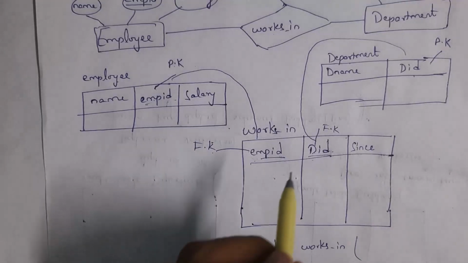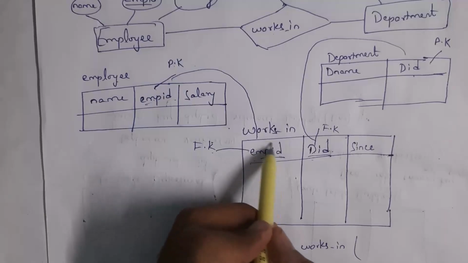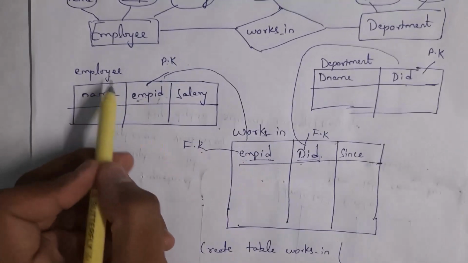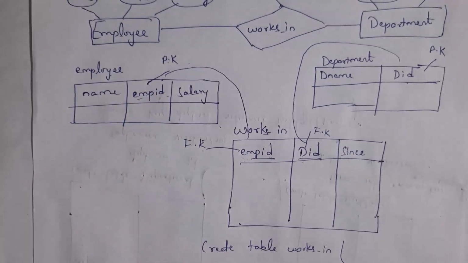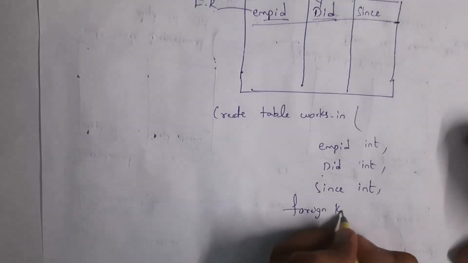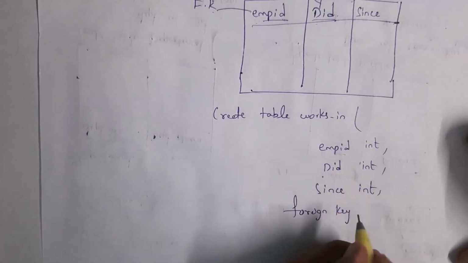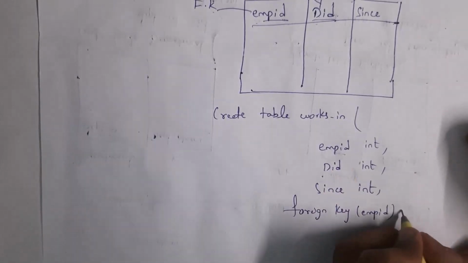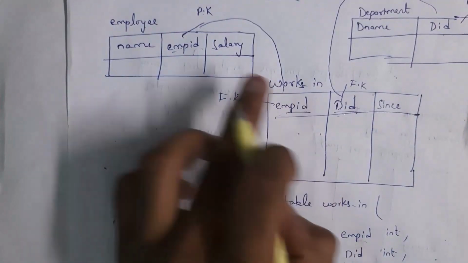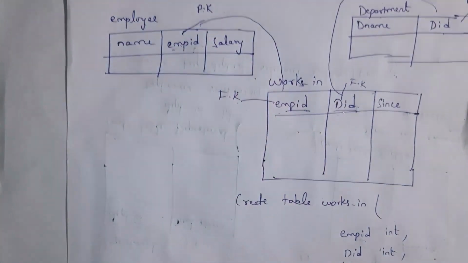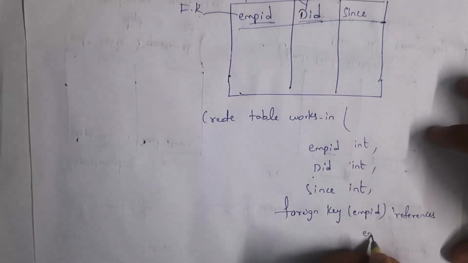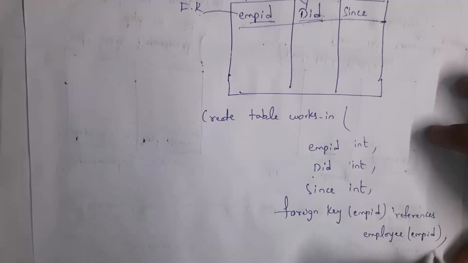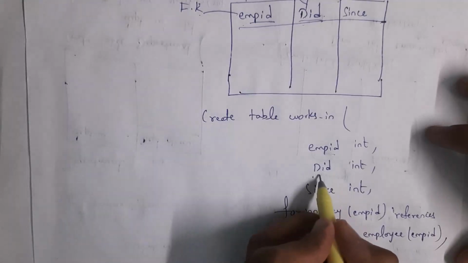Now we need to give a foreign key for this employee ID column. And this foreign key is connected to the primary key, which is located in the employee table's EID column. So I'll write the code for this. Foreign key. The foreign key is employee ID, so inside brackets write EMP ID. References. This foreign key is referring to the employee table's EMPID column. So references the employee table, EMPID in brackets, which is the column name, comma. Next we need to give a foreign key for the DID column.